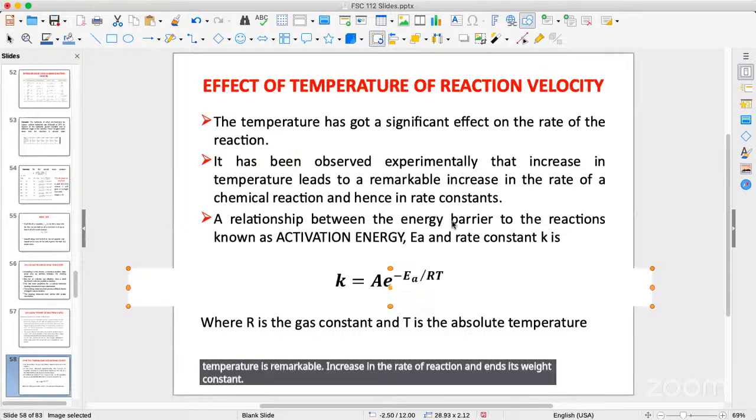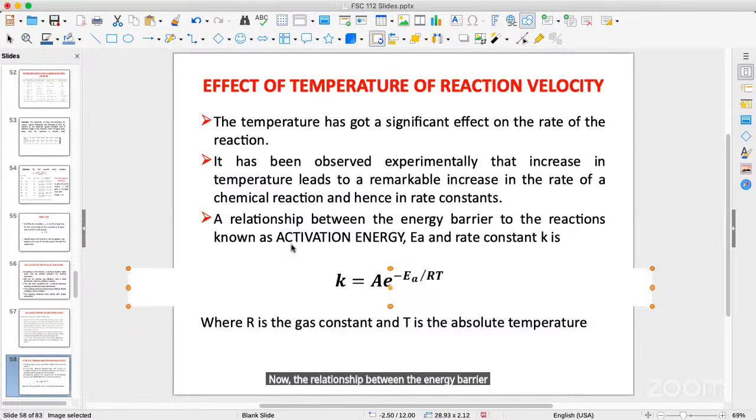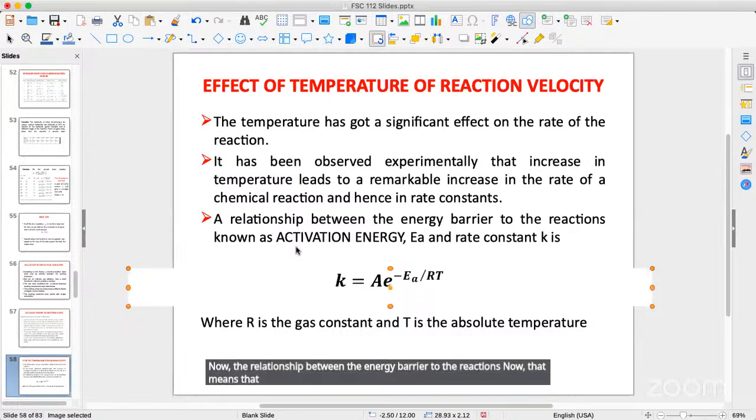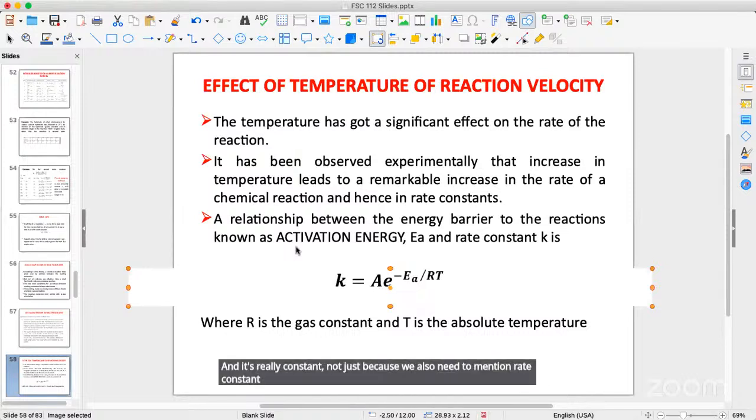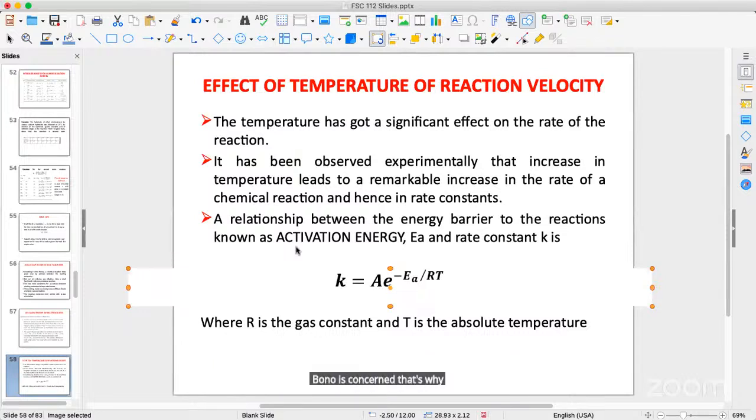Now, the relationship between the energy barrier and the reactions. That means temperature affects the rate at which a reaction happens, and its rate constant. Remember, concentration also affects the rate, but not the rate constant. That's why the important thing here is that temperature affects the rate constant.